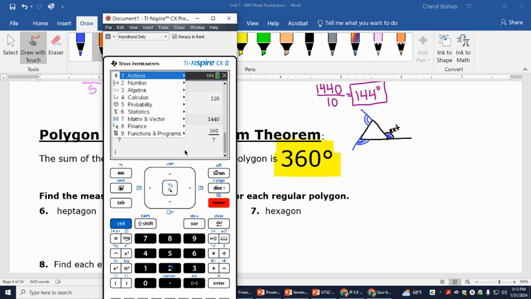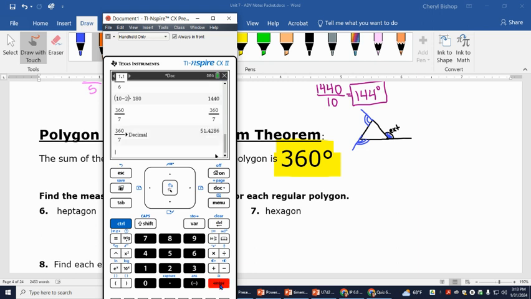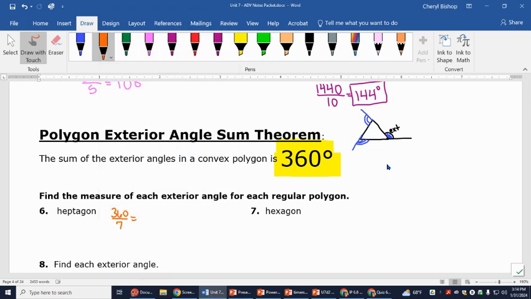So I'm going to go menu, I'm going to choose number 2 for number, and I'm going to take that and convert it to a decimal. When I hit enter, I get 51.4286. I'm going to say 51.429. It's an angle. We could probably just say 51.429 degrees for the exterior angle.